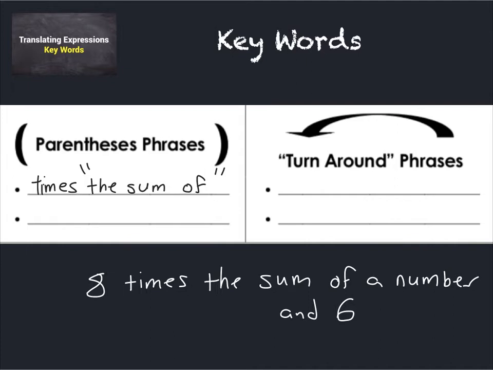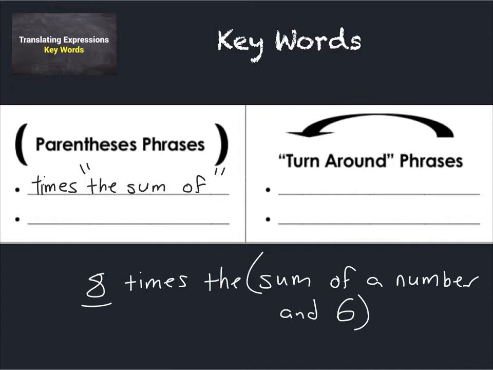So what are we multiplying by 8? Are we multiplying 8 by a number? Are we multiplying 8 by 6? Or are we multiplying 8 by the entire sum of a number and 6? Well, in this case, we'd be multiplying 8 by the entire sum of a number and 6. Okay, it's 8 times the sum of a number and 6.